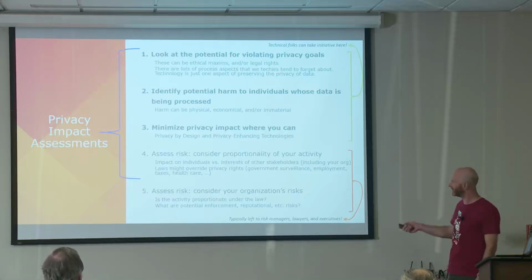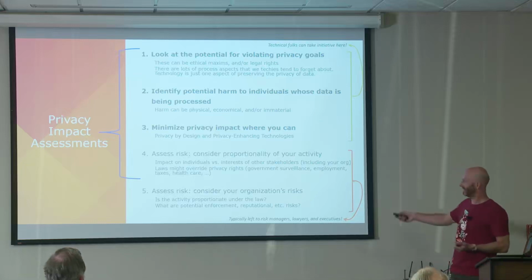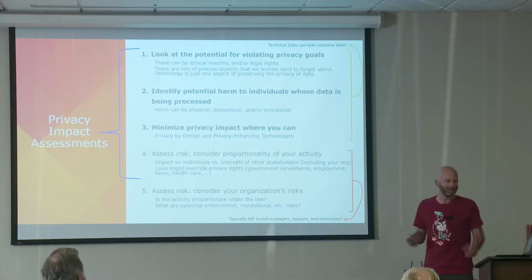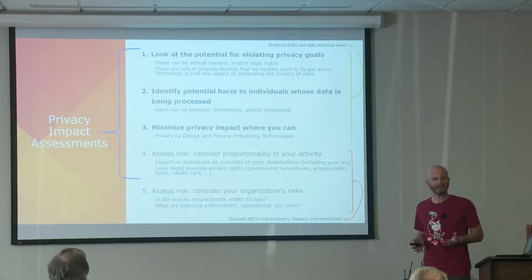When it comes down to assessing what the risk is if we get sued or have a data breach or whatever, that's probably not our job. That's where the executives and risk managers and lawyers are on the hook. But there are some things we can do if we're interested in doing that. Does that all make sense? Any questions?